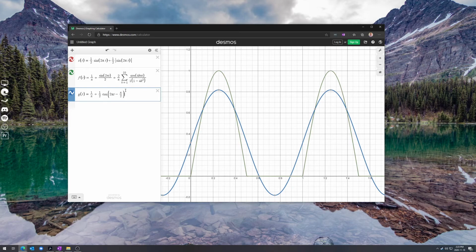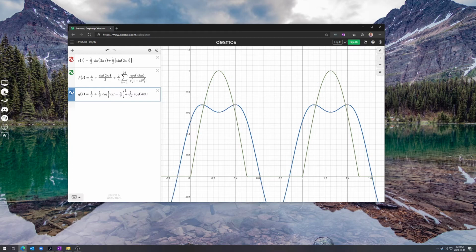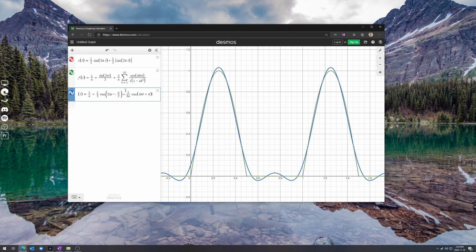Sure enough, it's starting to look pretty similar here. Now our next harmonic, our second harmonic, has a magnitude of 2 over 3 pi. And that's a cosine term in the second harmonic, 4 pi t, and a phase shift of pi. Take a look at how close that already looks.